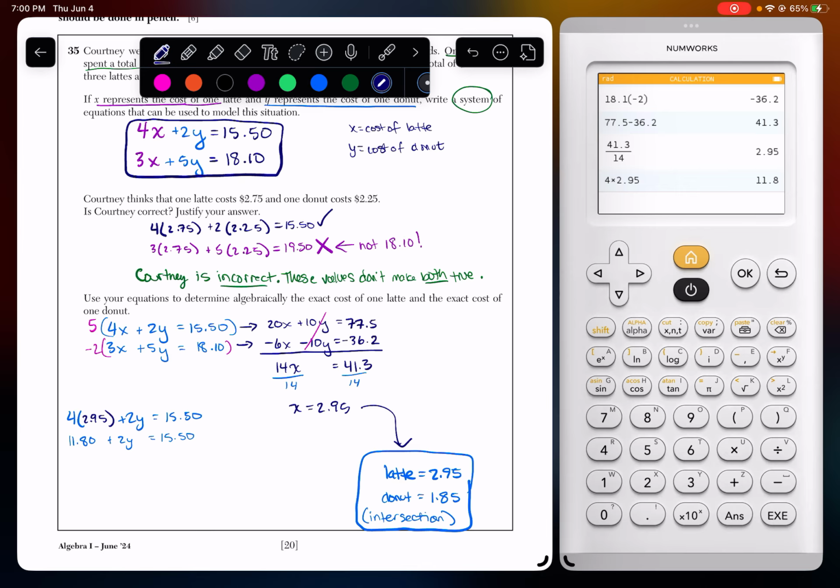Subtract 1180 from both sides. And I'm going to get 2y equals 370. Divide both sides by 2.